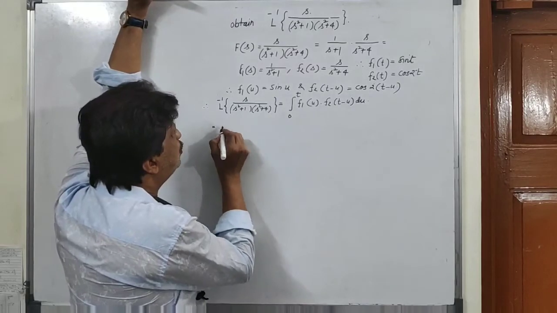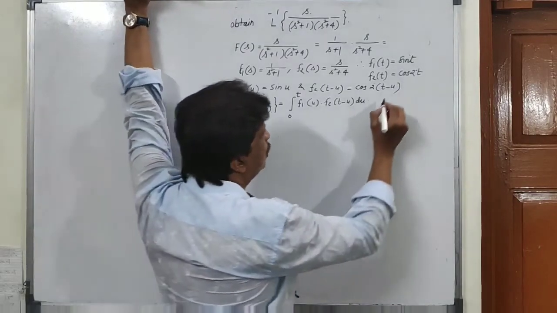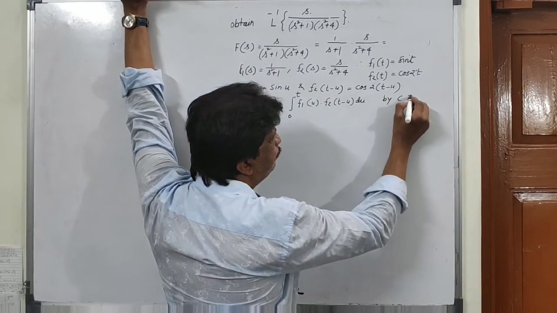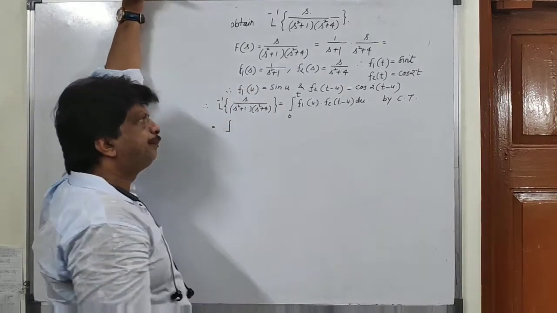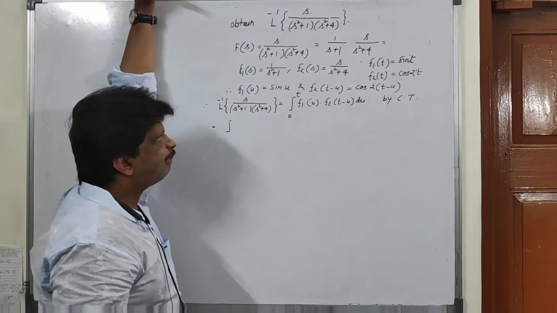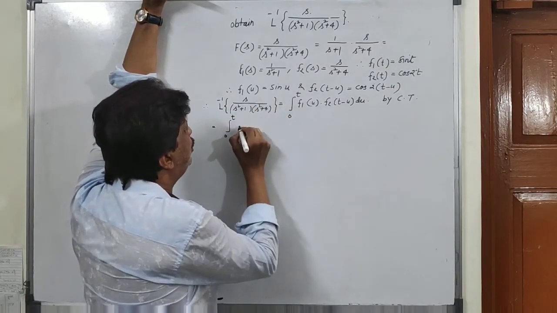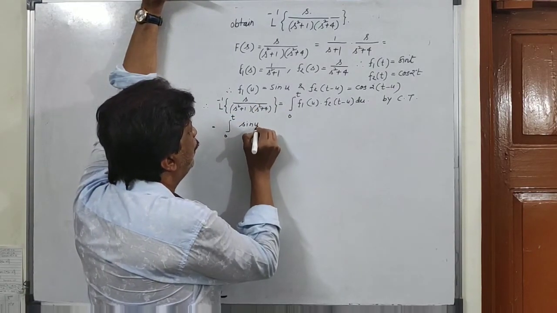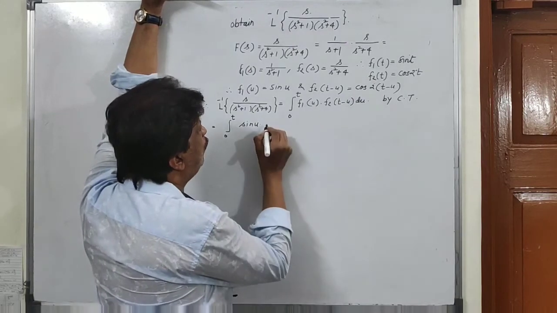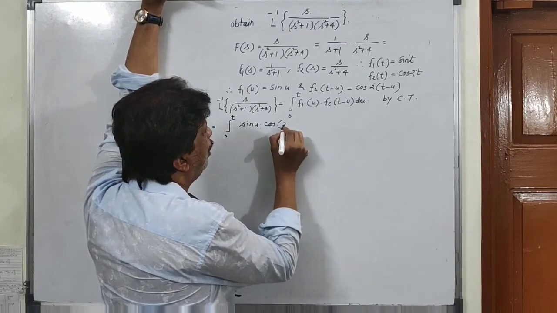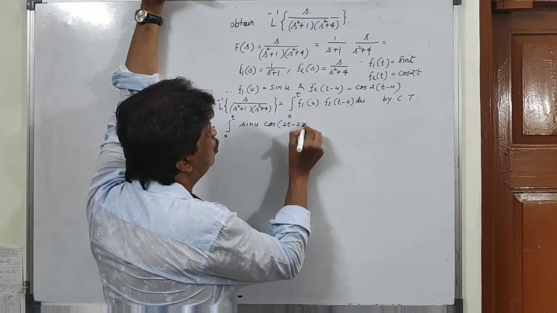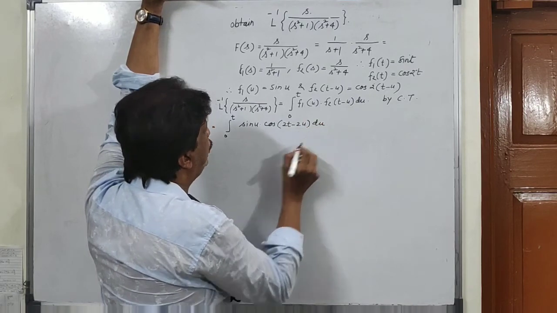That is further equal to, now substituting by convolution theorem, integral 0 to t, f1 of u is sine u and this is cos of 2t minus 2u du.